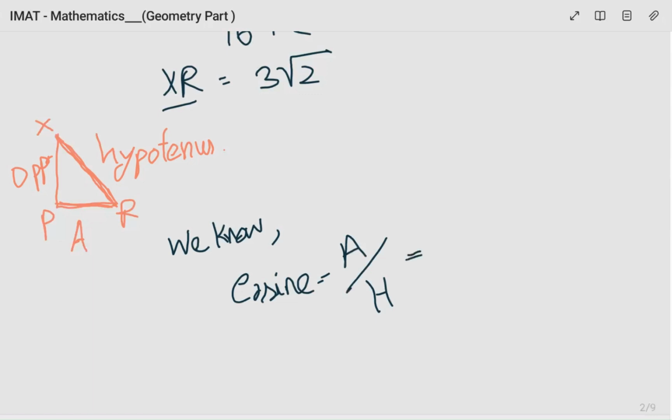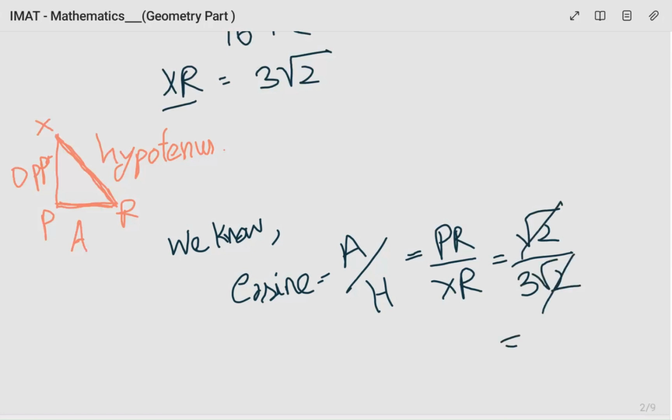So the adjacent is PR, and the hypotenuse is XR. So we know the value for PR is root over 2, and for XR is 3 root over 2. So 2 cut 1 by 3. And this is the cosine value of XR.